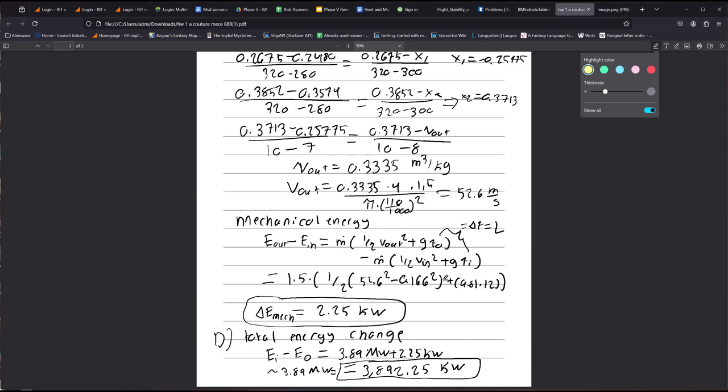Once you plug in the values from above, you end up with a total change in mechanical energy of 2.25 kilowatts. Obviously, that's a lot lower than the thermal energy put into the system. However, to get the total energy change, you just add the change in mechanical energy to the change in thermal energy, and you get basically the same value, but with a couple more digits at the end.